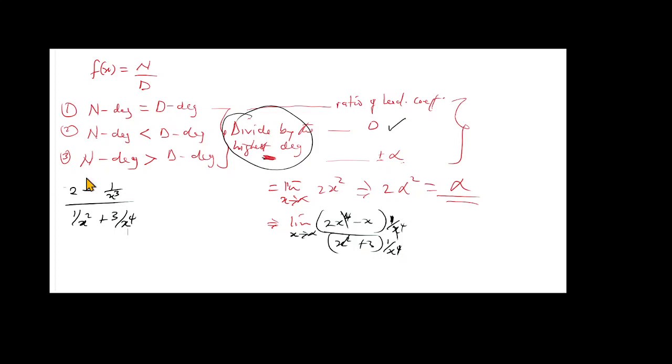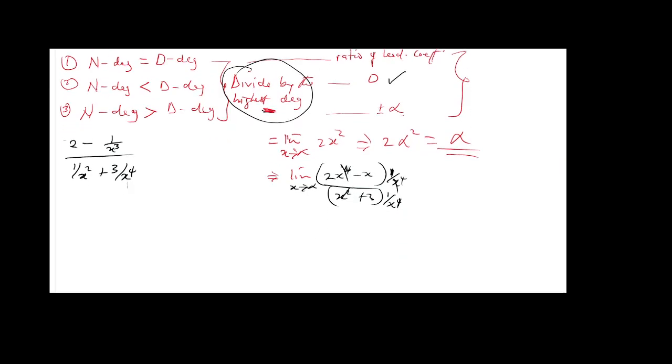So let's solve this properly now. We have the limit as x approaches infinity of 2 minus 1 all over x cubed, all over 1 divided by x squared plus 3 all over x to the power of 4.